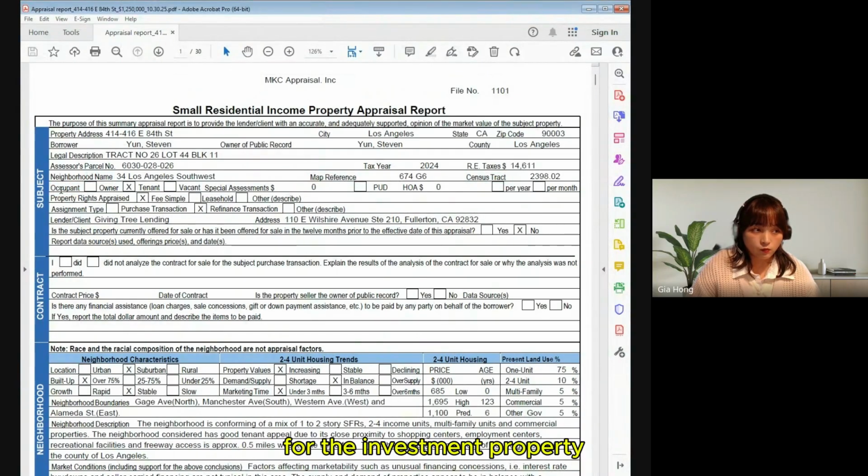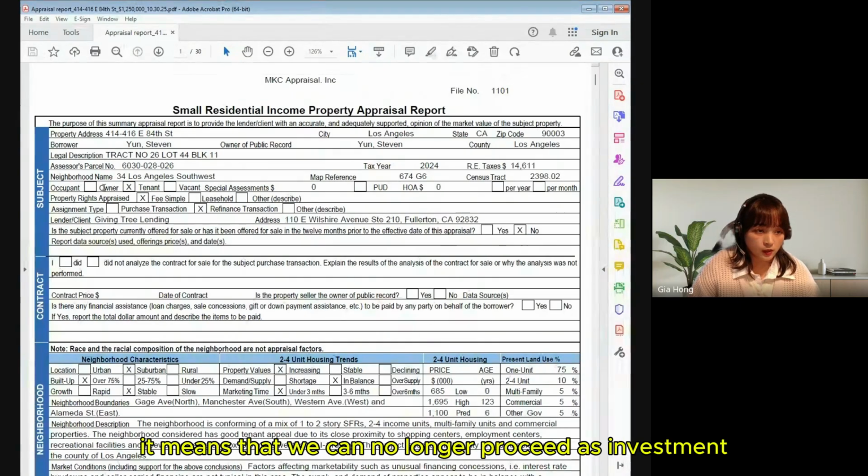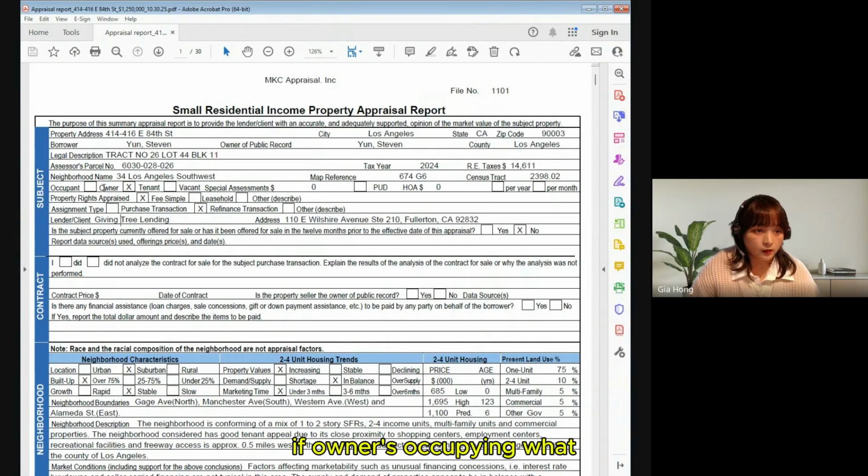If the occupant is checked as owner, we can no longer proceed as investment, because if the owner is occupying the subject, it's a primary. So make sure for the investment property, either tenant or vacant is checked.